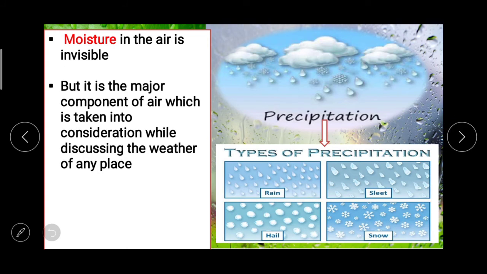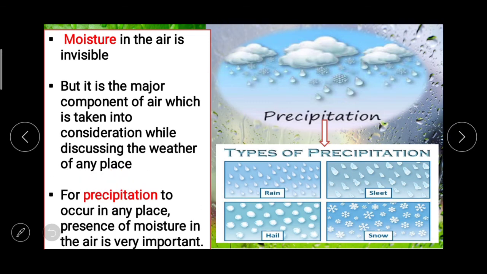And for precipitation to occur in any place, the presence of moisture in the air is very important. Now what is precipitation?